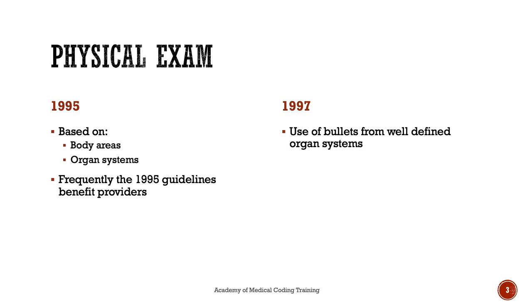Whereas the 1997 guidelines follow the use of bullets from well-defined organ systems. The 1997 guidelines use bullets, and we have to count the bullets in order to find the level of physical exam. Because this guideline is very specific, it is used more by specialists rather than general physicians.